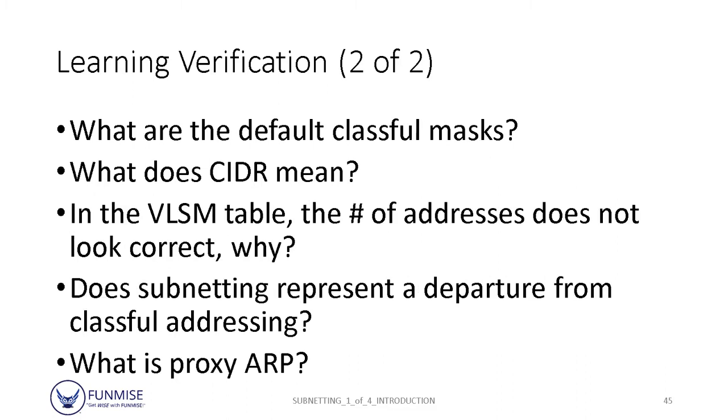What are the default classful masks? What does CIDR mean? And we're not talking about apple cider. In the VLSM table, variable length subnet mask table, the number of addresses does not look correct. Why? Does subnetting represent a departure from classful addressing? What is Proxy ARP?